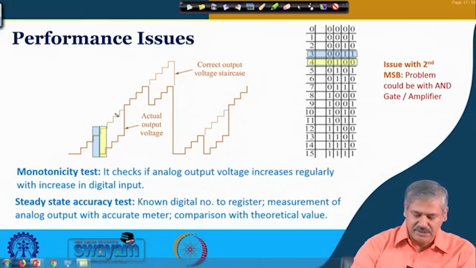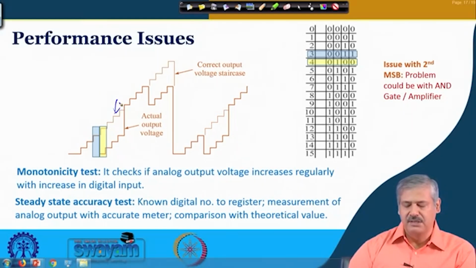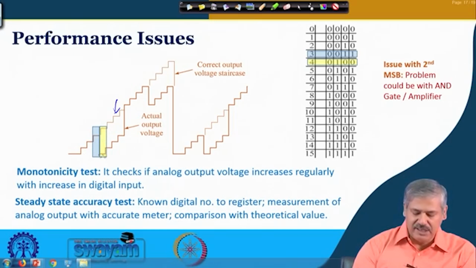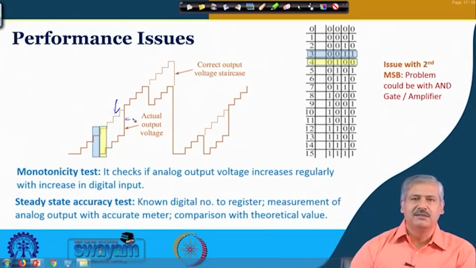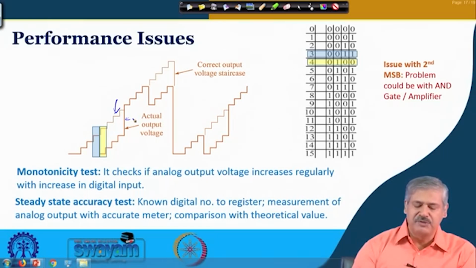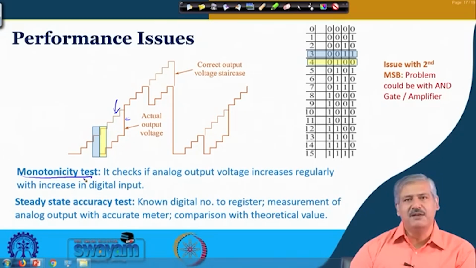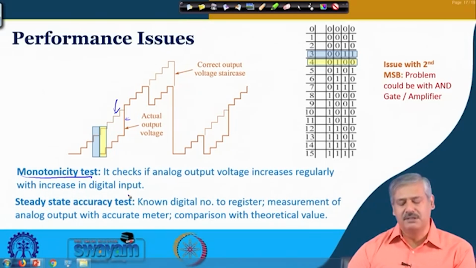This one is the correct output, right. But if you see the actual output is something like this, what you see over here in the bold line, then this can be observed using this monotonicity test. Okay. So, then there is some issue, some problem somewhere. So, this test will give you that. Right. So, it checks if the analog output voltage increases regularly with the increase in digital input.